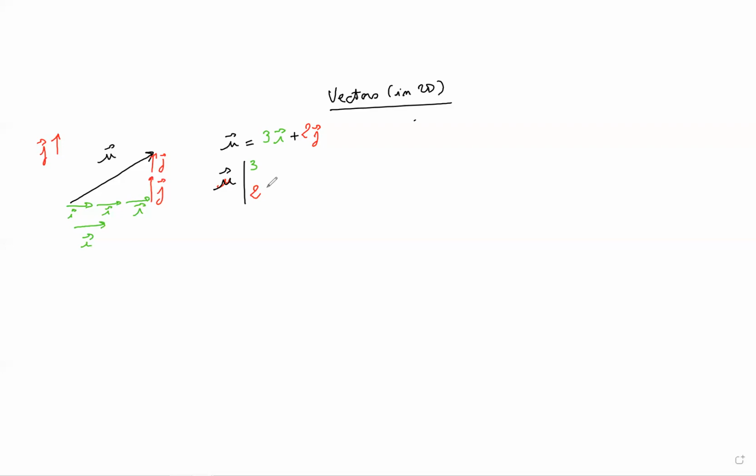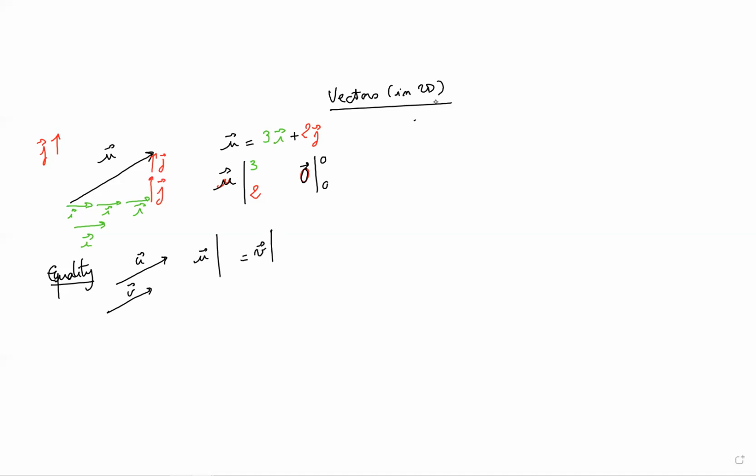Of course, if your vector is the 0 vector, meaning the length of it is 0, its decomposition, its coordinates, would be 0 and 0. You get equality between vectors when they have the same length and same direction, and it means that the coordinates of your 2 vectors will be the same.